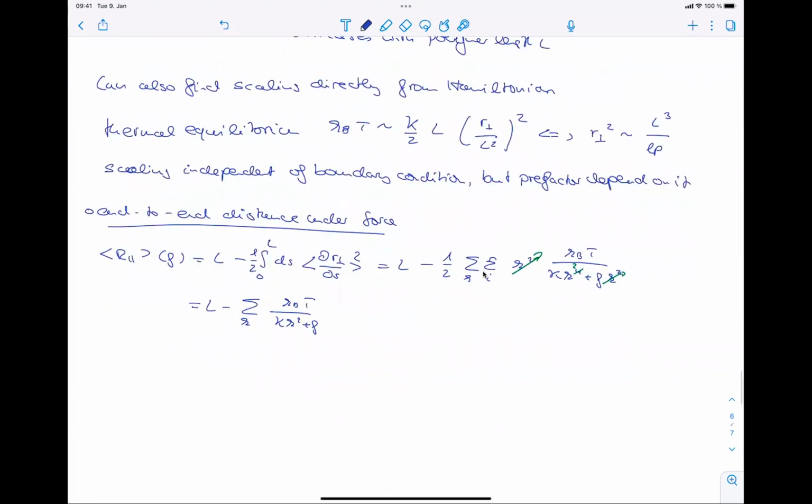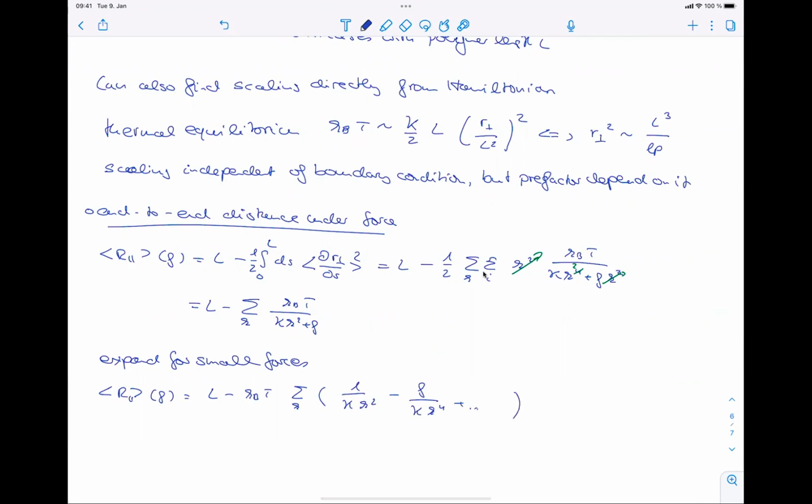It's still too complicated. We don't have a tabulated function for this sum, but if we expand for small forces, we get that this is L minus kBT, and then this term becomes easier to handle, so we get a 1 over k squared minus f over k to the 4 plus higher order terms.